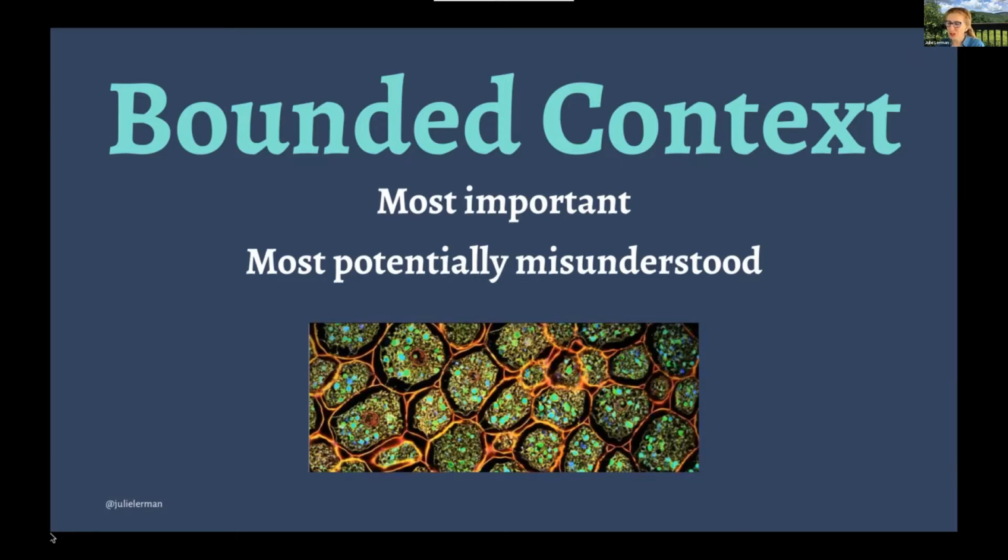So this is a picture of a lot of cells, and each cell has a boundary of a membrane. That's the orange lines around the cells. And that membrane not only protects each cell, but it also prevents each cell from leaking information into the other cells, right? So it's the membranes that decide what can go between one cell and another and how it goes between one cell and another.